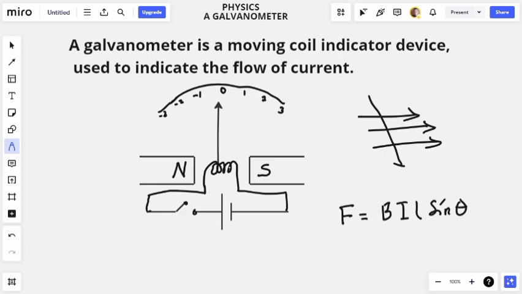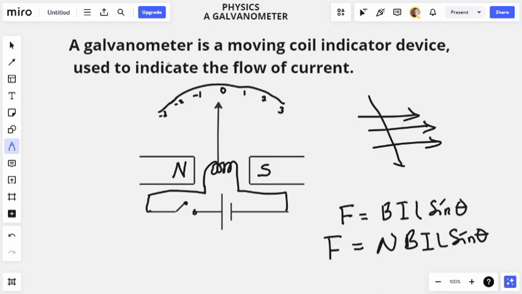But here we are not just talking about a conductor, we're talking about a coil. So the force experienced by this coil will be what? It also depends on the number of turns. That means the greater the number of turns, the more the sensitivity, the more the deflection, or the more the force. So number of turns times magnetic field times the current through it times the length of that conductor, times the sine of the angle of the conductor.